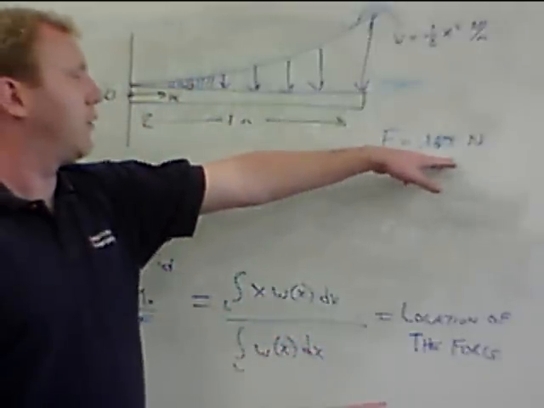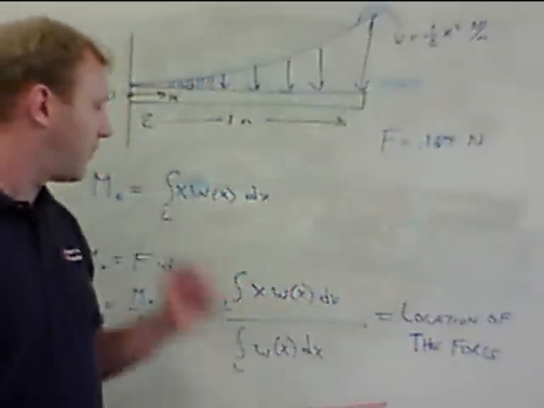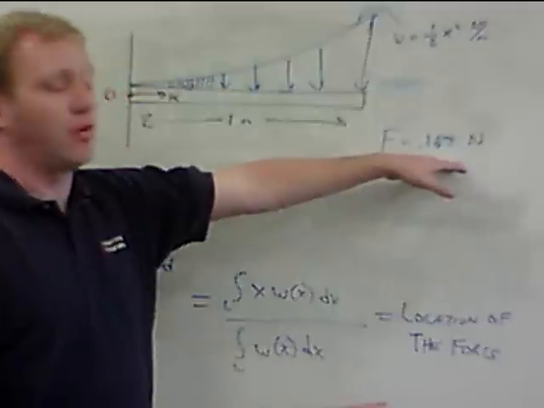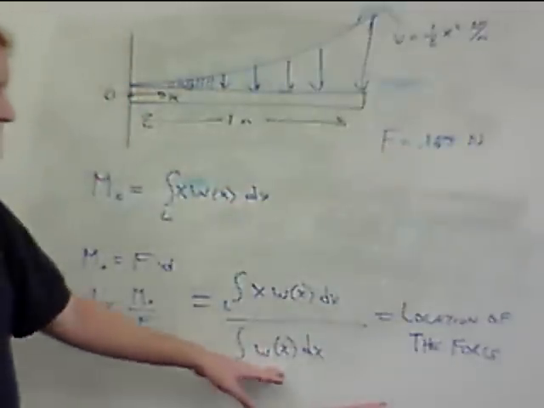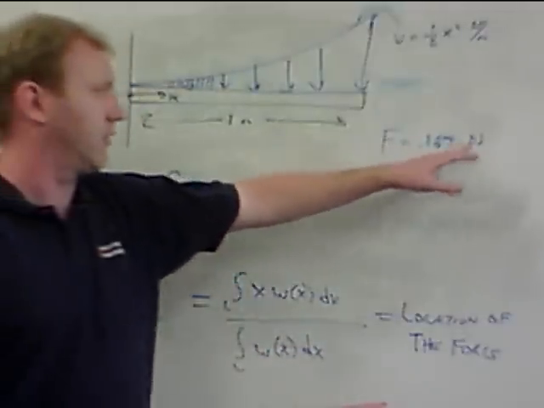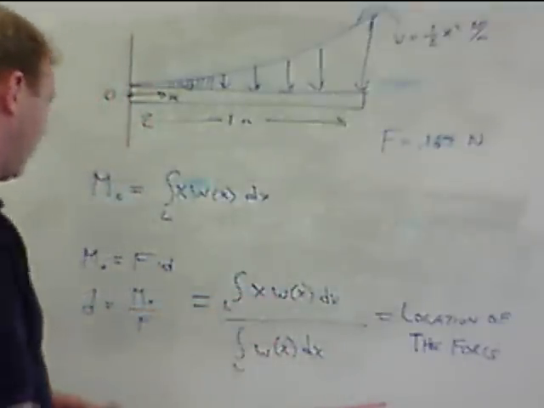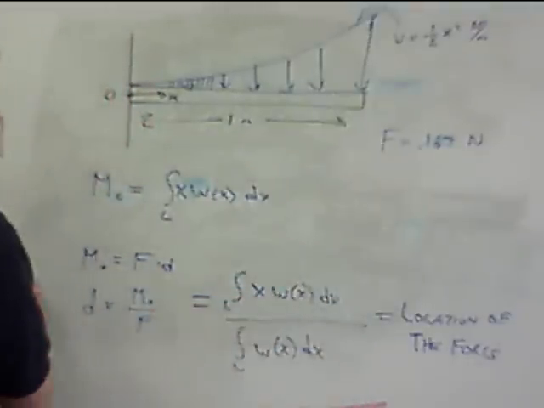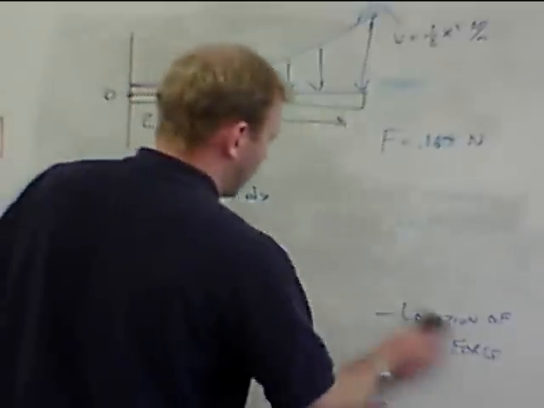We found the 0.167 newtons, so that's going to make our lives a little easier. One, we know how big the force is, and two, that's actually this piece here, so we can save ourselves a little math. But we're still going to have to evaluate this. So I'm going to rewrite this and evaluate it to find exactly where this force goes.